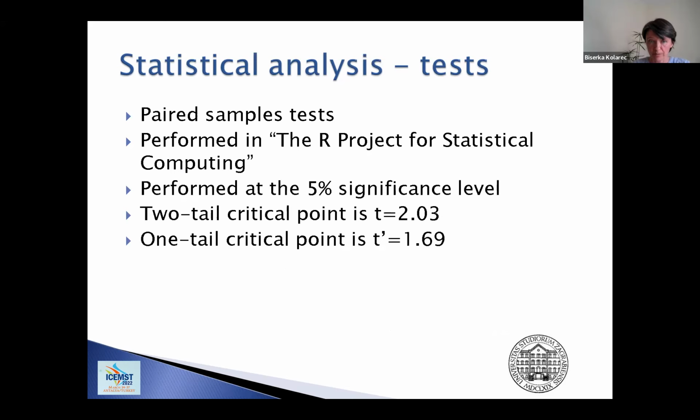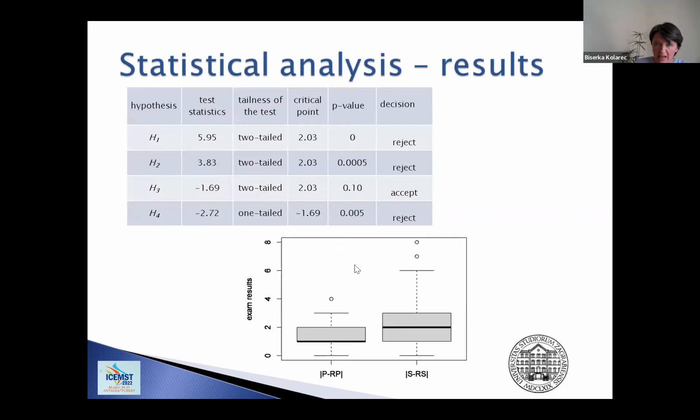Statistical tests performed were paired sample tests, because we have paired sample data. They were performed in the R project for statistical computing at the 5% significance level. The first 3 were 2-tailed tests, and the last one was 1-tailed. And there are critical points given here, 2.03 and 1.69.